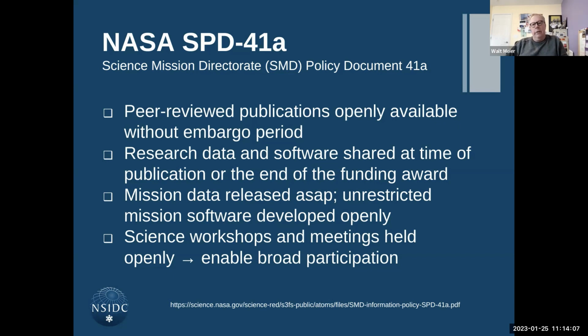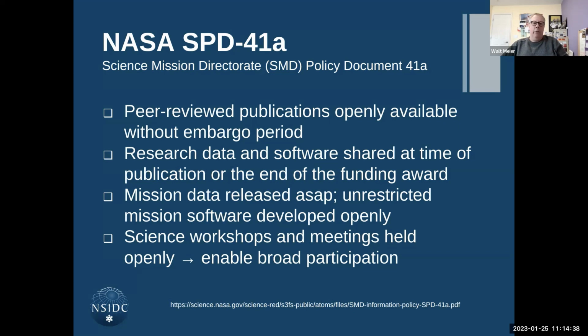Research data and software shared at the time of publication or the end of the funding award. If I remember correctly, there was initial verbiage to have these out as soon as possible. And Andy will talk about this later. Part of the vision of open science is to make things as open and collaborative as possible, so having things out as soon as possible, even in a raw form.